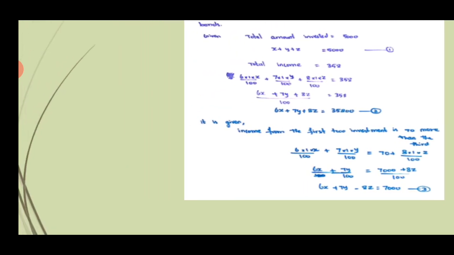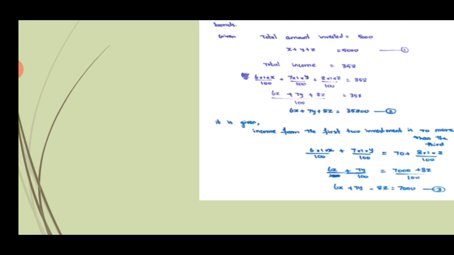Actually here we have three different bonds, so I will get the income from the first amount, second amount and third amount. For all three I will be getting the interest. First we calculate for the amount x. For the principal x, the rate of interest is 6. So 6 into the number of years, you are investing for 1 year, so 1 into x by 100, PNR by 100, plus.